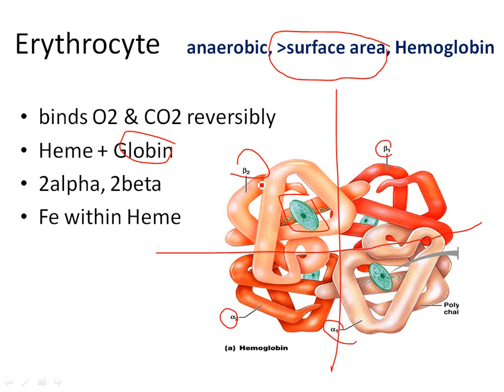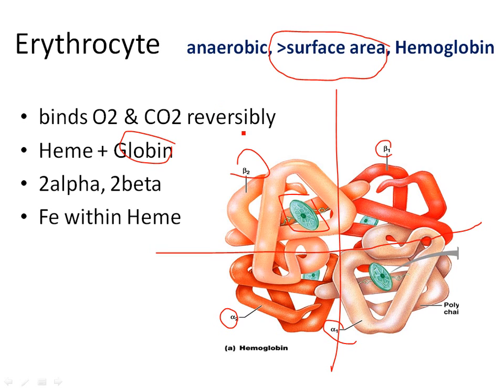The binding of that oxygen is reversible. So it loads the oxygen at the lung, but it'll unload the oxygen at the tissue. Now a red blood cell, an erythrocyte, can carry carbon dioxide as well. And it is reversible. And the movement is in the opposite direction.